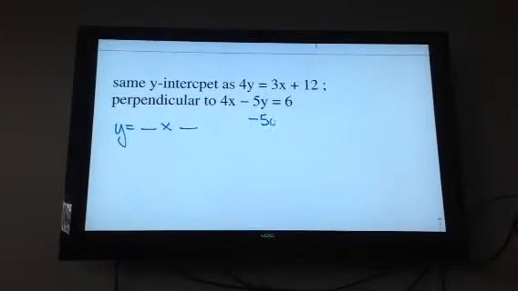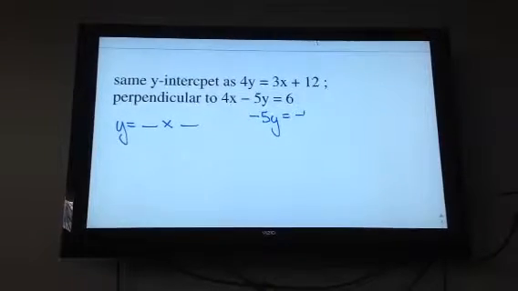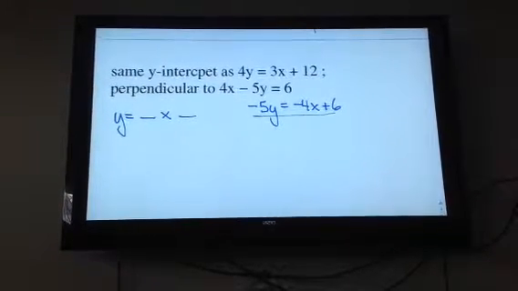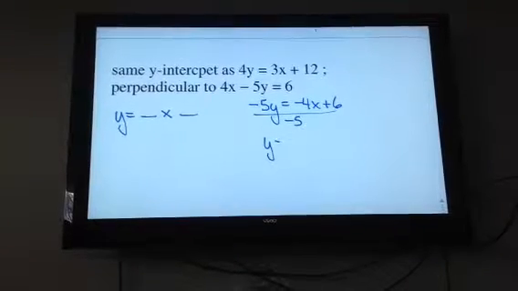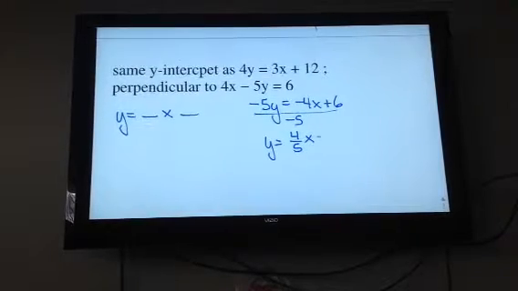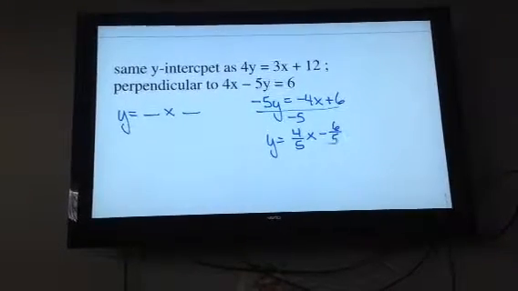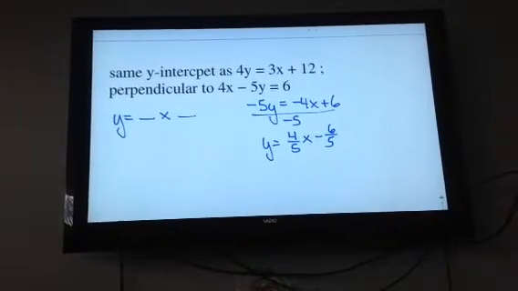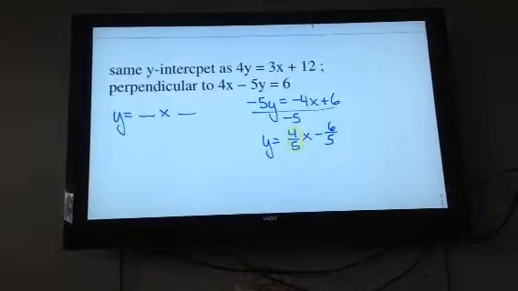So subtract the 4x and divide by negative 5. So I get positive 4/5 x minus 6/5. This is the number that's important to us from this equation.